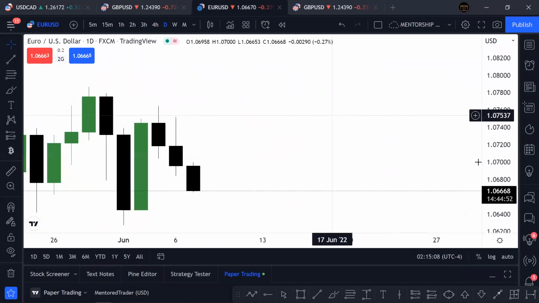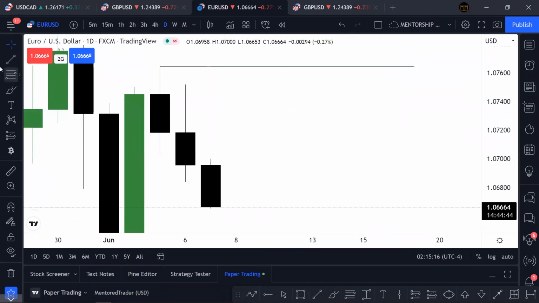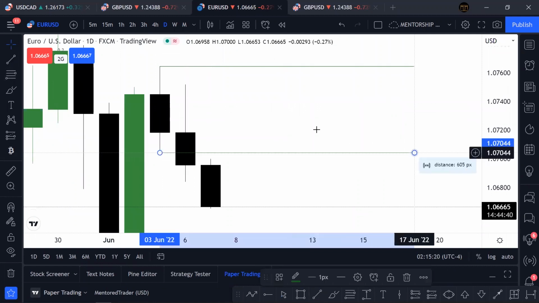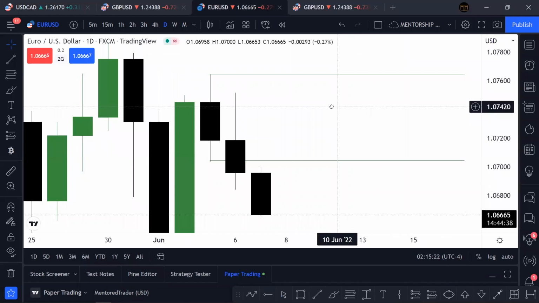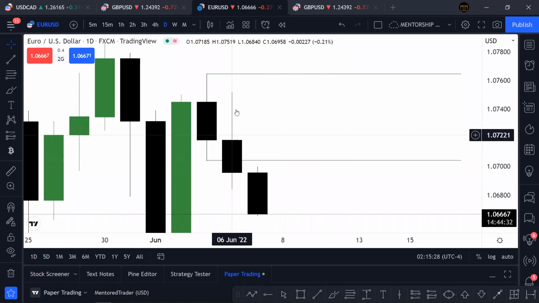Between this candle's high and low, I will mark that and also mark this. Should I label them? I don't think it's necessary. I'm going to look for price on June 6th, this candle.